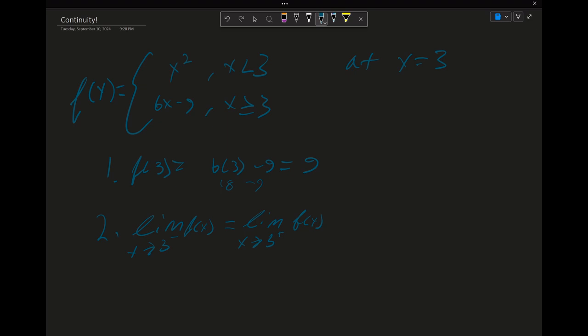This is why we can do this sort of step with some certainty with piecewise functions, because since we're evaluating at the point x equals 3, this top function here is for values less than 3. So we know that it is coming from the left. If we look at the xy axis, it is coming from this left side of 3. So we know that this top equation is approaching from the left. So we use that for our first expression.